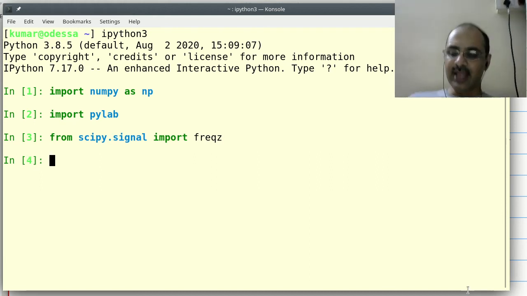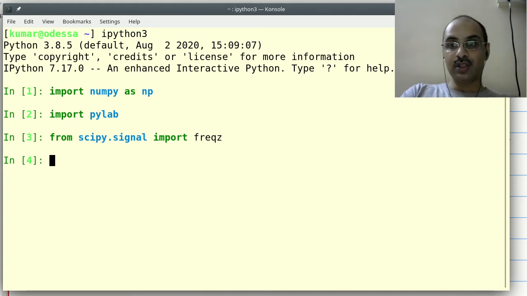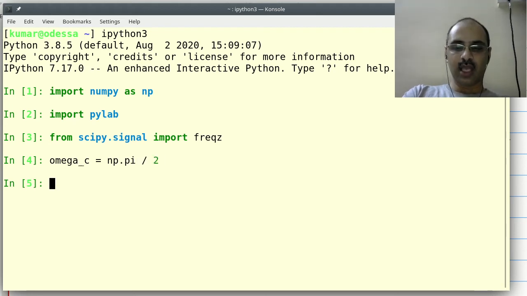Now to create the ideal low pass filter, I was mentioning two approaches. Let's compare both approaches. I'm just going to take omega c to be pi by 2. That is the cutoff frequency that I'm going to use.